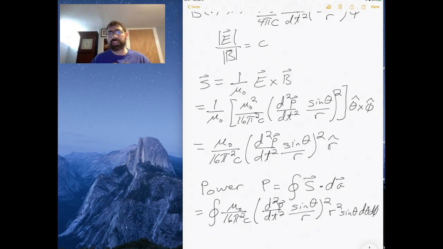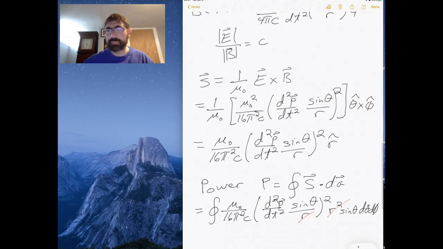So there is no phi in the equation. So the integral over the phi dependence would just give us a 2 pi, and then the r squareds would cancel, and in the end, what we get is a sine cubed.